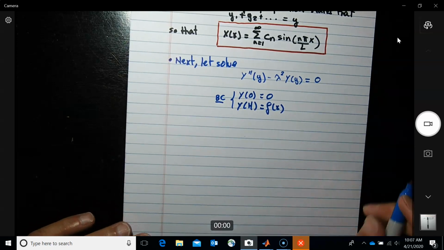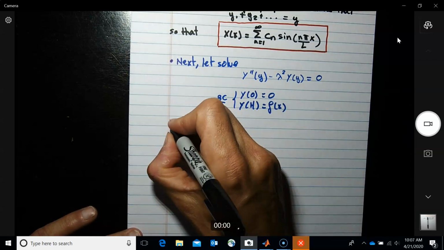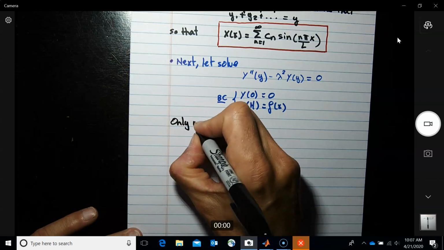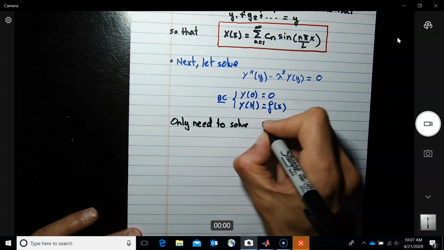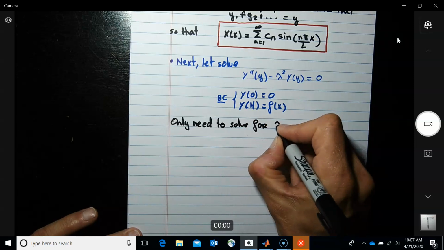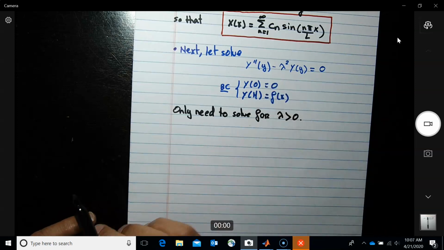Okay, so basically now we know that we only need to solve for lambda positive, because the other ones will not be solutions of the other one.